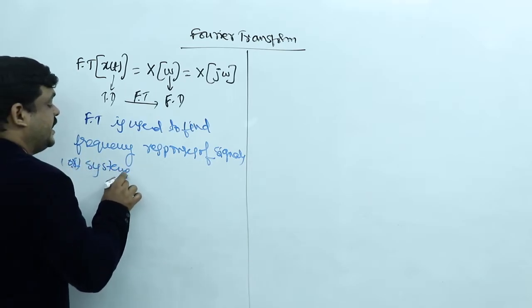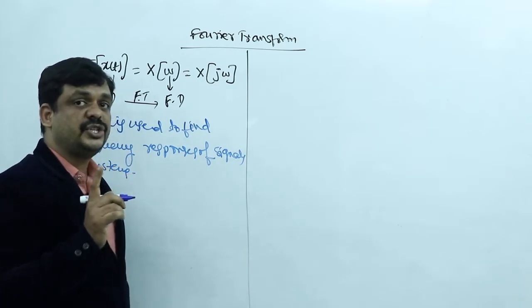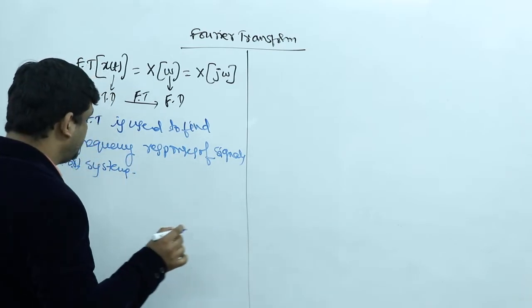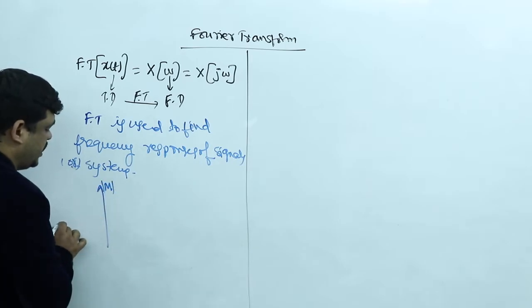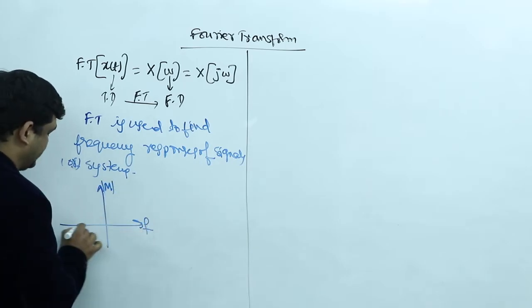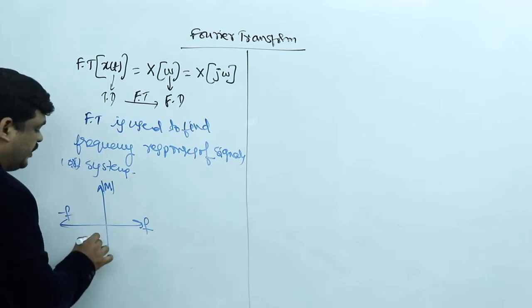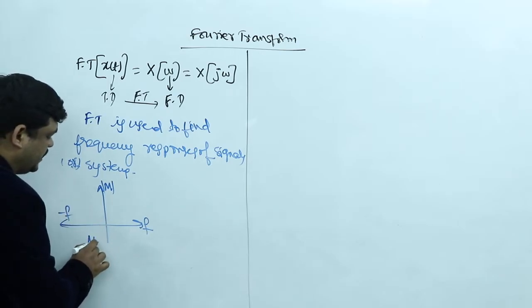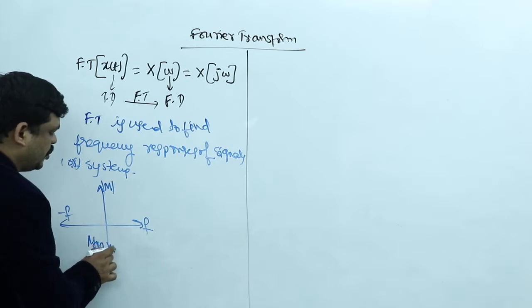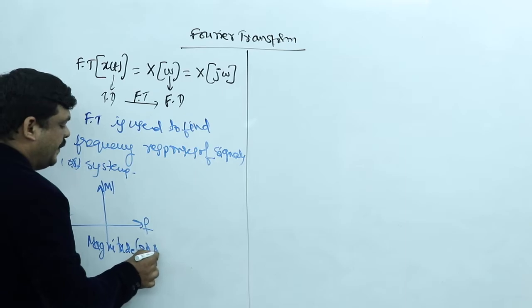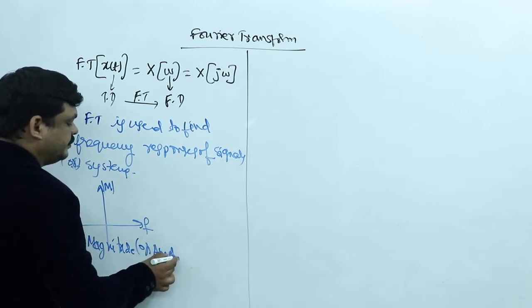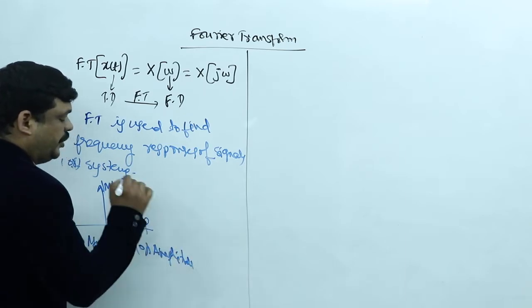So what is frequency response here? Frequency response is the combination of magnitude response and phase response. Just now we discussed that the magnitude of the system changes with respect to the frequency axis. This response is called magnitude response, sometimes also called amplitude response.